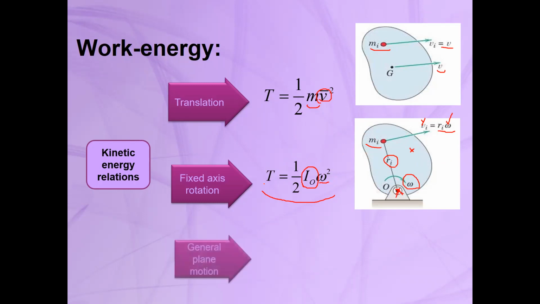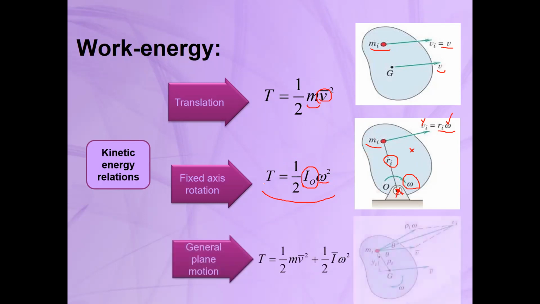And finally, the last one, which is the general plane motion. In this case, this rigid body has translational and rotational motion at the same time. It can rotate and translate at the same time. So the kinetic energy for this body, as you can see, includes the linear velocity and angular velocity as well.